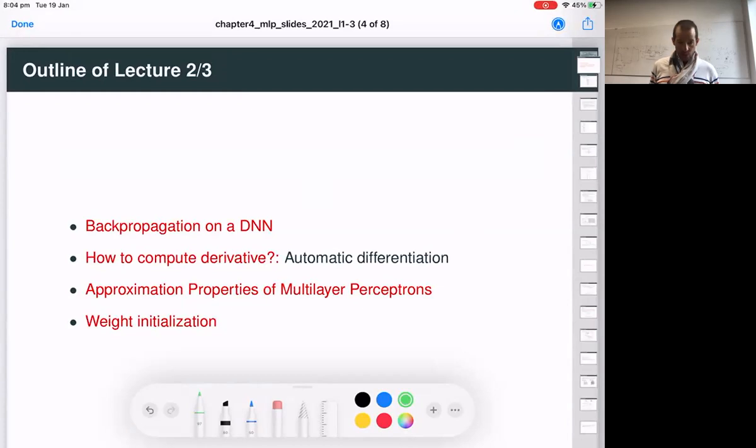And after, a very important point will be to see that a deep neural network can approximate any nonlinear function, mapping from the input to the output. And an important point you have seen yesterday on the optimization will be the weight initialization, in fact.